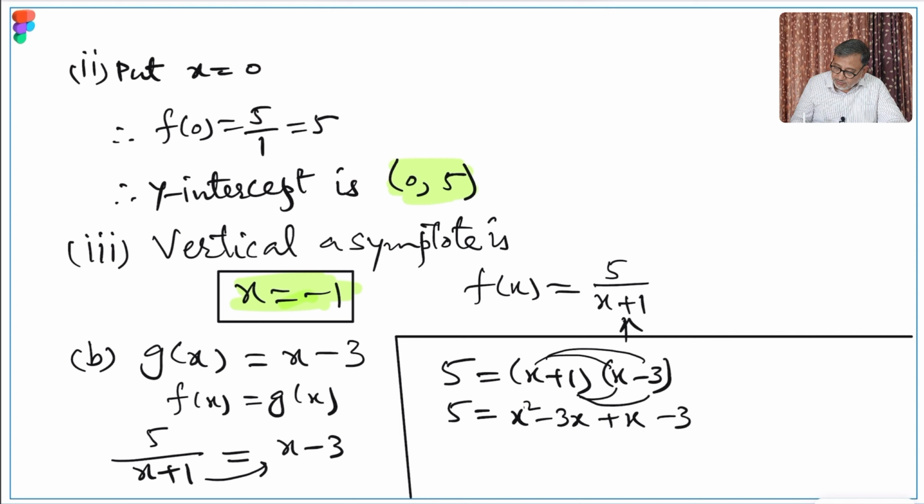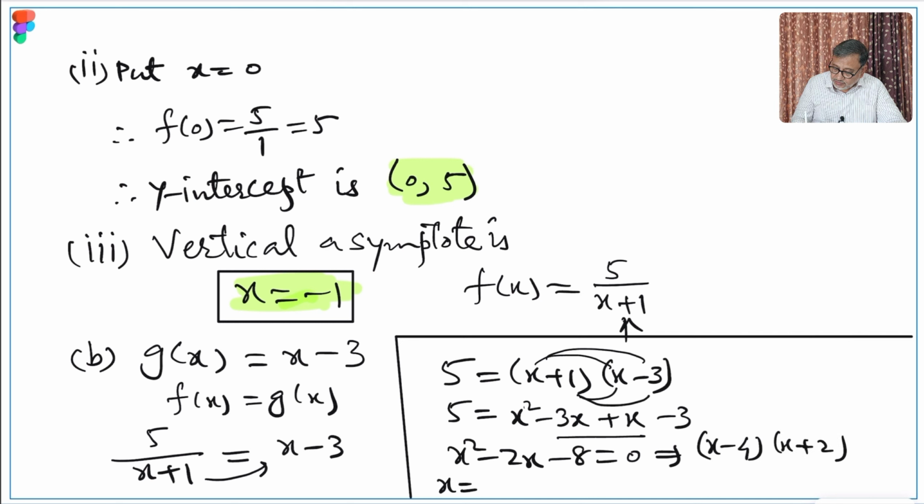So x square minus 2x minus 3, and 5, minus 5 will become minus 8, is equal to 0. When you factorize, it will give you x minus 4, x plus 2, right?